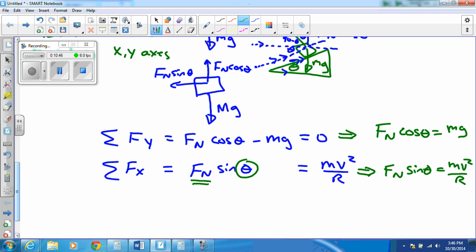Now, I prefer to divide sine theta by cosine theta, since I know that's tangent theta. So I'm going to take equation number 1 here, and I'm going to put it underneath equation number 2. And I'm going to divide both equations. I'm going to divide equation number 2 by equation number 1.